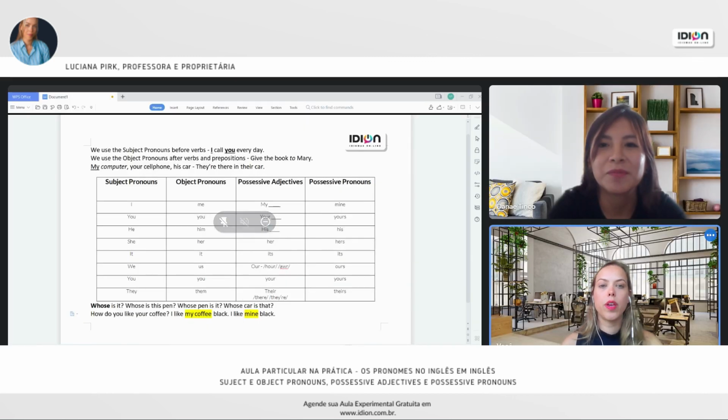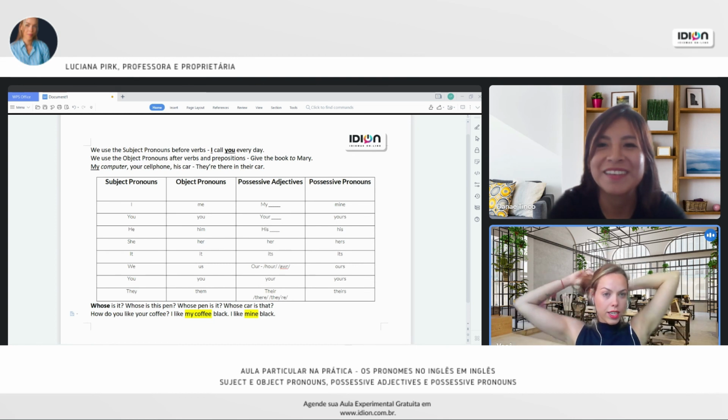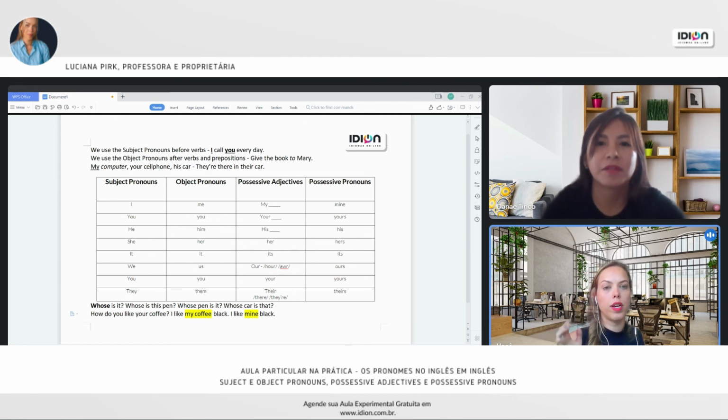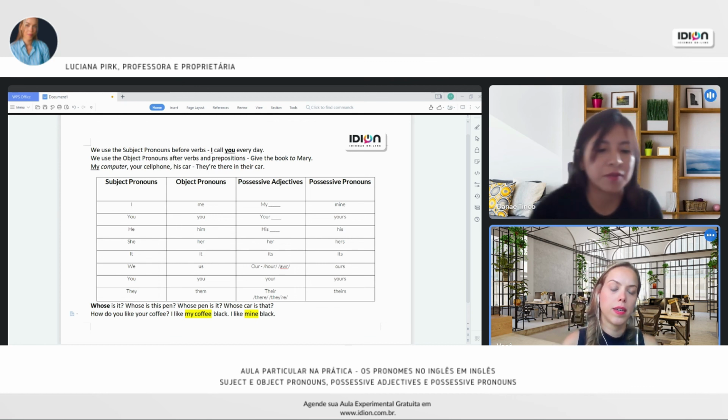Maybe you can create a short story, it doesn't have to be a story that connects, could be different sentences, right, using some of these pronouns, so we can see how you do it, using them for real. It can be you describing something, telling a story, or short sentences.